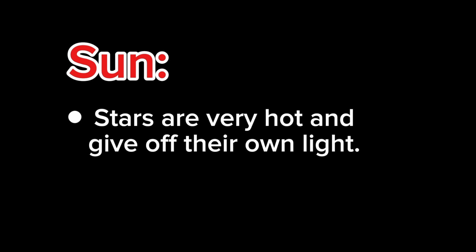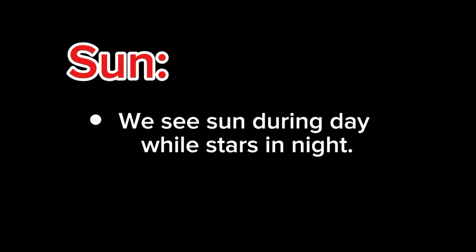Nuclear fusion reactions inside the star release enormous amounts of energy, and stars are very hot and give off their own light. It means that stars have their own light, and this is why we can see the sun during the day and distant stars in the night sky.